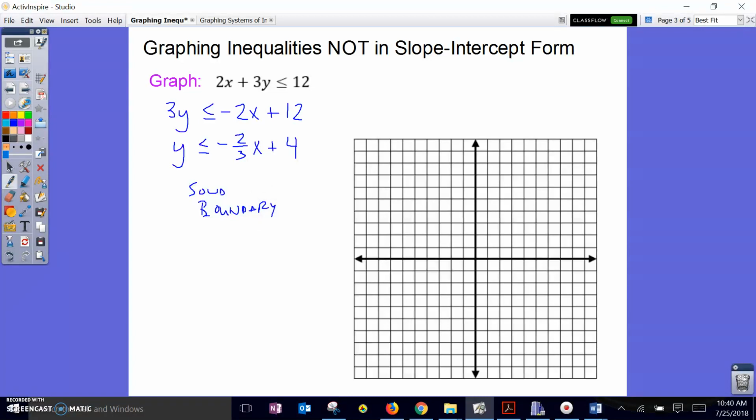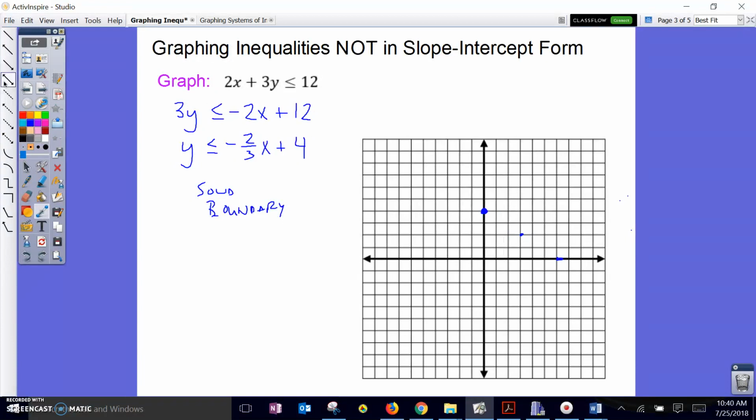And so I'm going to plot a y-intercept at 4. Use the slope of negative 2/3, go down 2 over 3 to the right, go down 2 over 3 to the right. And then I'm going to draw a solid boundary through those. And now I need to think about shading.